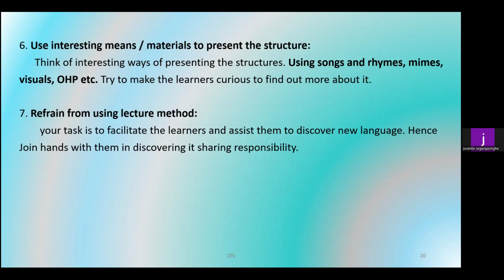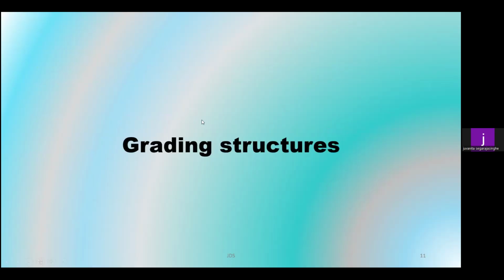And last of all, don't use lecture method, right? With the learners, since they are small, refrain from using lecture method. Make them work on the structure. Right, so that is something related to presenting the structure.